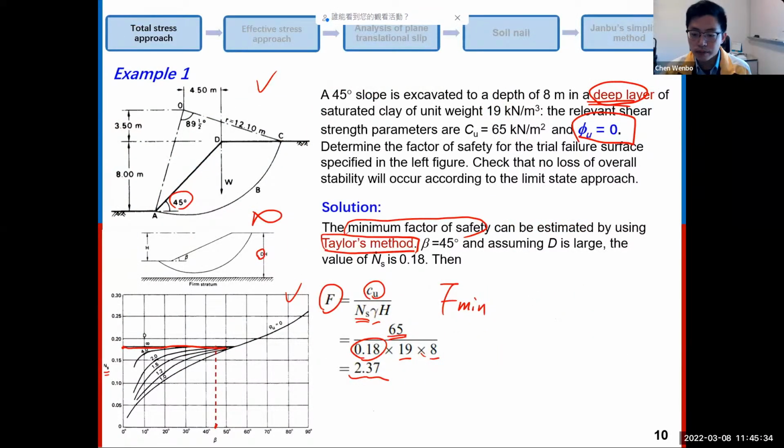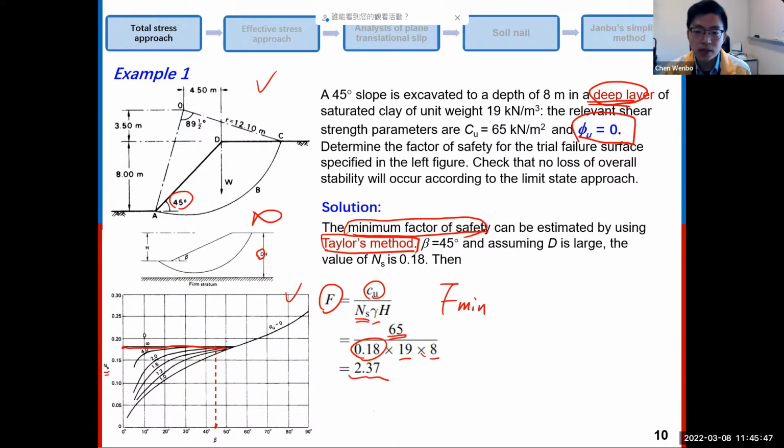And the 2.37 is smaller. So just based on this simple comparison, we can see that Taylor's method actually provides us a smaller factor of safety, the minimum factor of safety based on this method. So this just shows you the comparison between the calculation and directly using the design chart method.